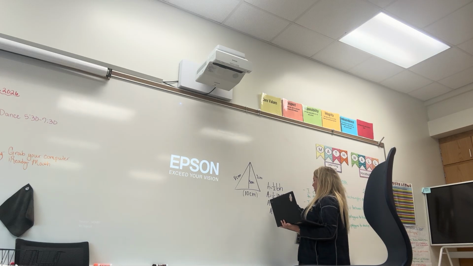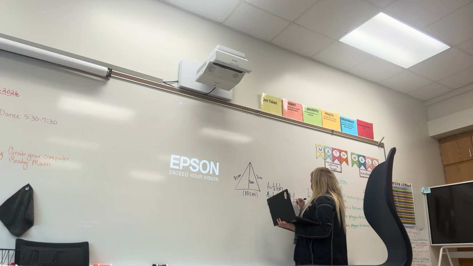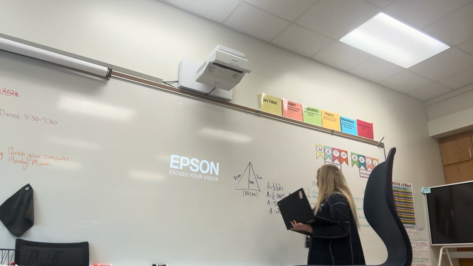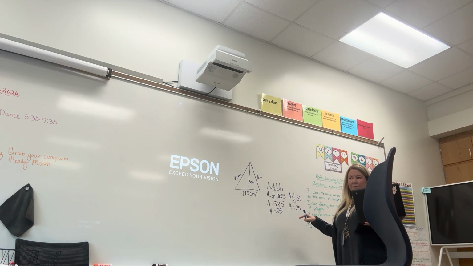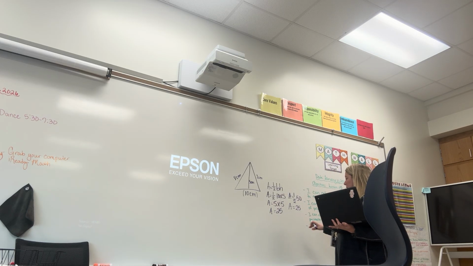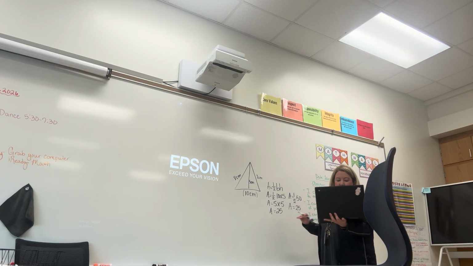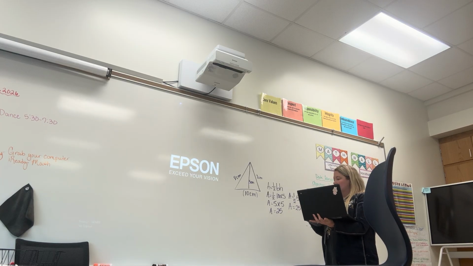Or you could multiply these. Area is 1/2, 10 times 5 is 50, 1/2 of 50, area equals 25. There's two ways you could find the area. But either way, you get to area equals 25.